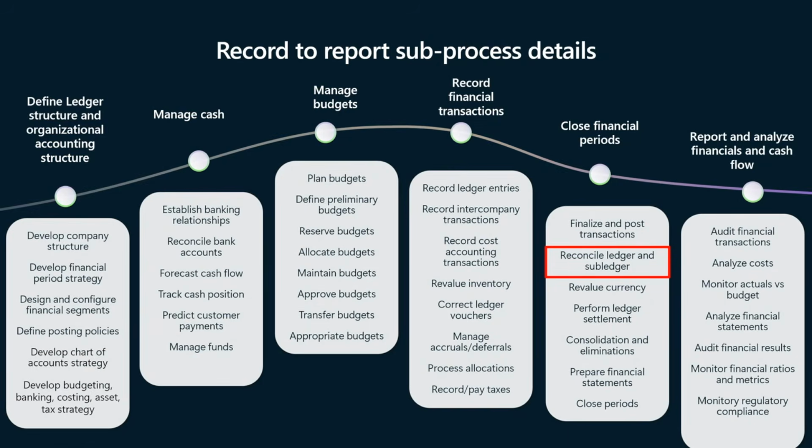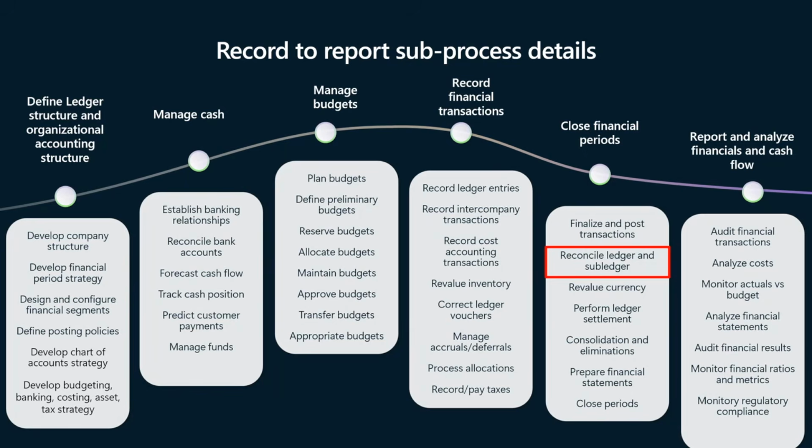Before we go to this specific feature, I would like to highlight where we are within the end-to-end process experience. The account reconciliation agent is focusing on the record-to-report sub-process. This is a process which should sit at every organization that's live with Dynamics 365 Finance or other ERP services. Within the record-to-report sub-process, we have a task to close financial periods.